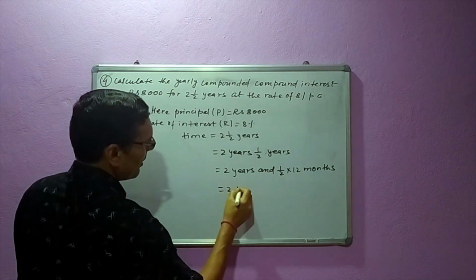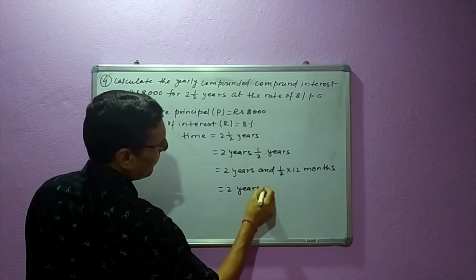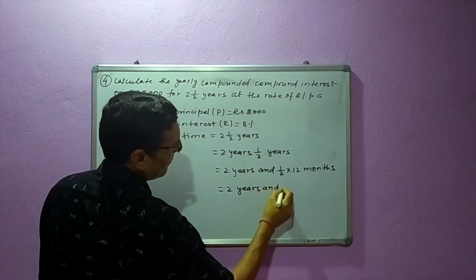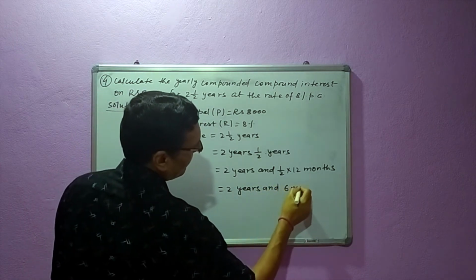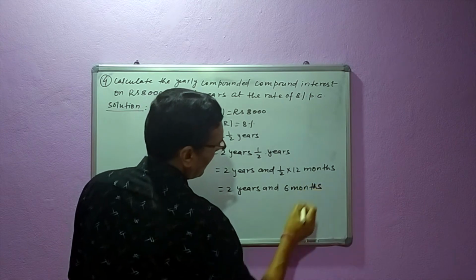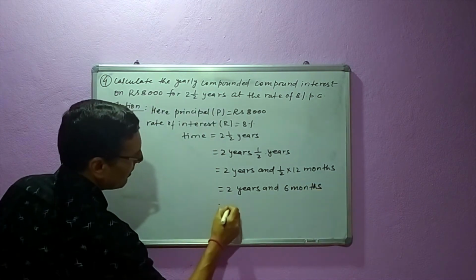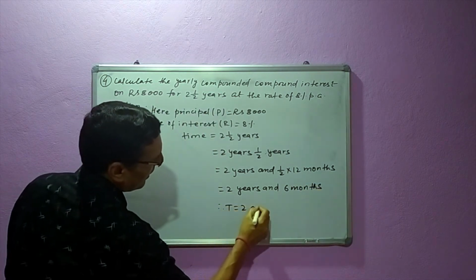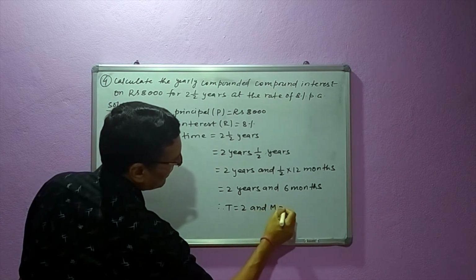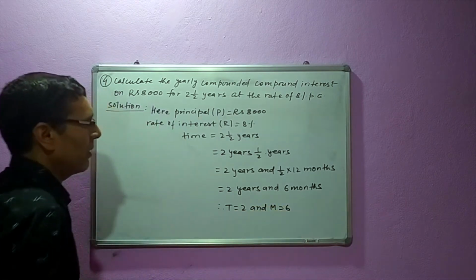So it can be written as 2 years and 6 months. So in the formula we write T is equal to 2 and M is equal to 6.